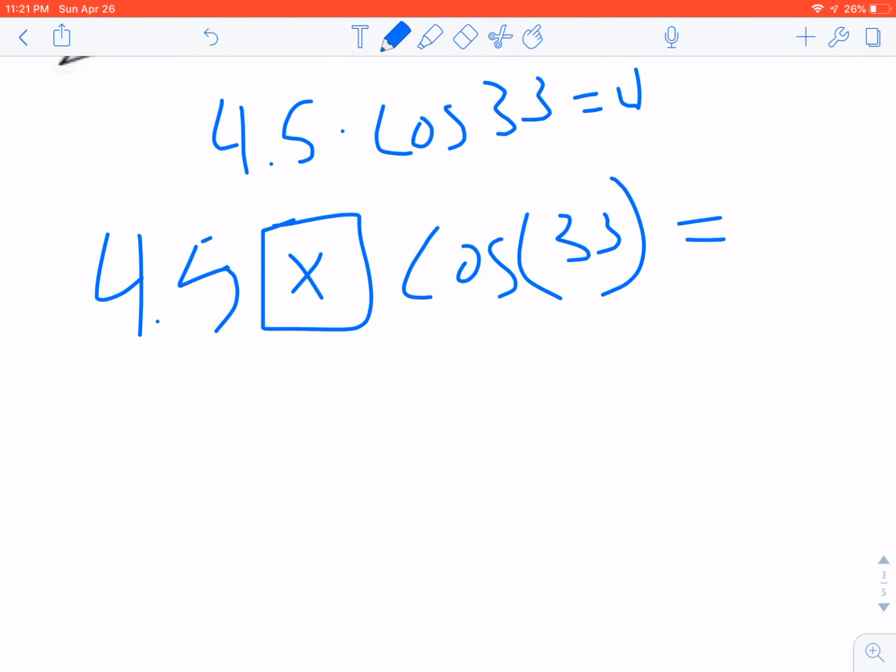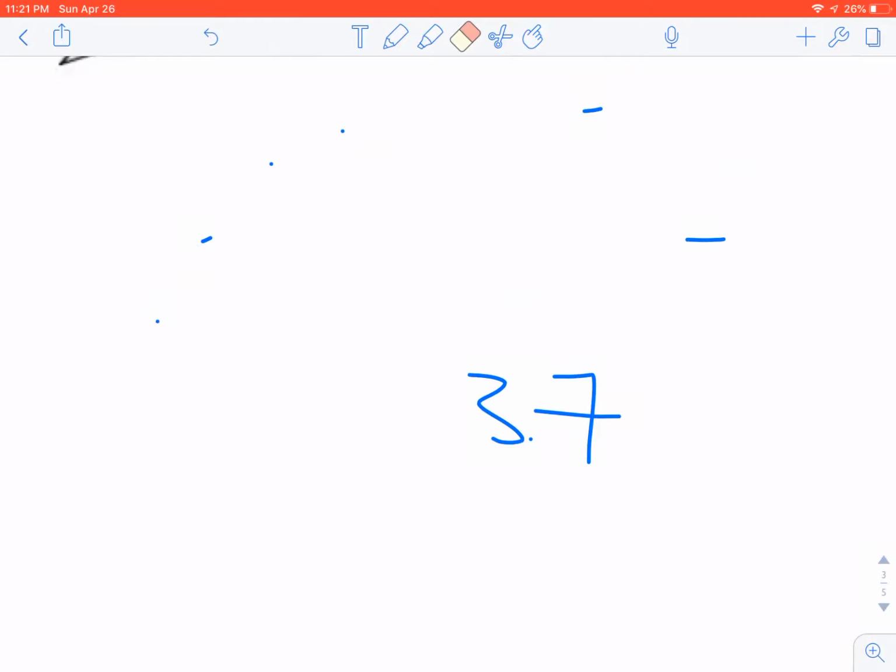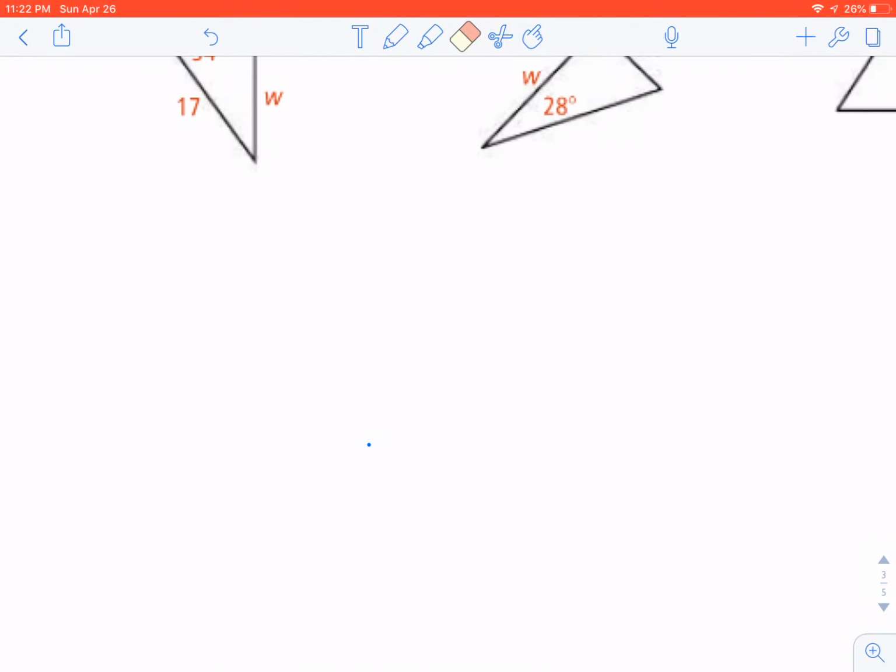Hit 33, close your parenthesis, and hit enter, and that should give you an answer of 3.7. Again, if you didn't get 3.7, hit mode, check to make sure degree is highlighted. If it's not, put your cursor on the DEG button and hit enter, and then second quit.